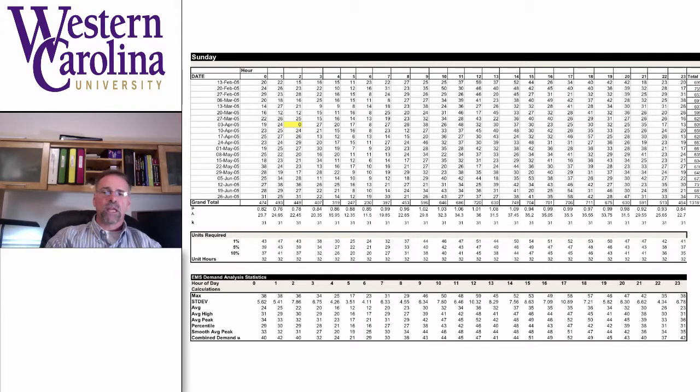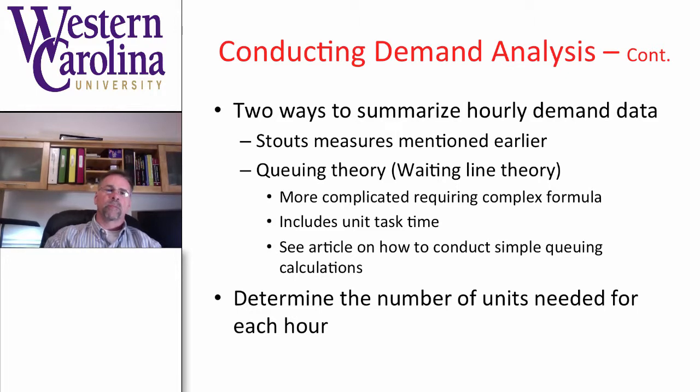So we're going to go through the calculations of these. Now there's two ways to do this summarization of the hourly data. As I mentioned, the Stout methodology, which will be outlined in a couple of the papers that you'll have for this week.